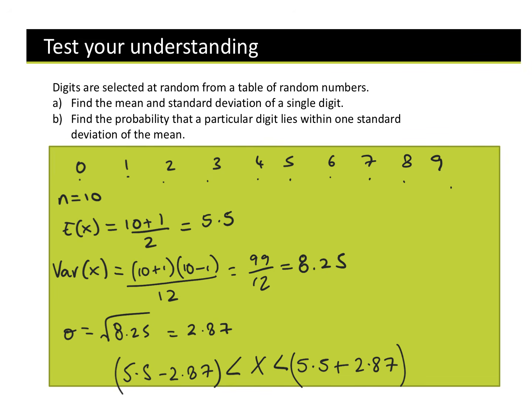Oh, and I've just realised I've gone wrong in part A. In part A, I've gone slightly wrong, because actually my expected value should be the middle of these. But this is assuming that we started at 1. And we didn't, we started at 0. So if I was to actually work out the median, essentially, you're going to see, what a silly error to make, but at least we made it. You're going to see that the middle is actually between 4 and 4.5.